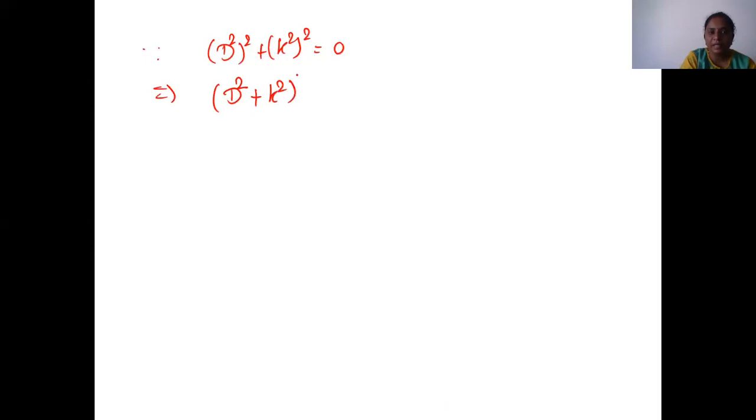We have D square square plus K square square equal to 0. Right? In this way, applying the formula A square plus B square, it is A plus B bracket square minus 2AB, that is D square K square, equal to 0. Correctly applied? Yes.